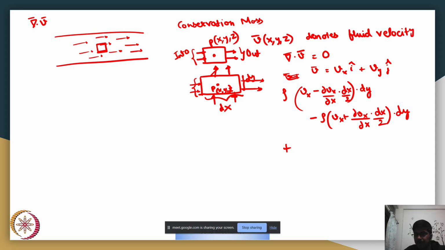plus you write similar equations for fluid coming in from the bottom and fluid going out of the top.